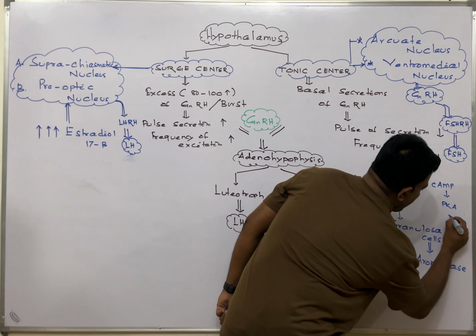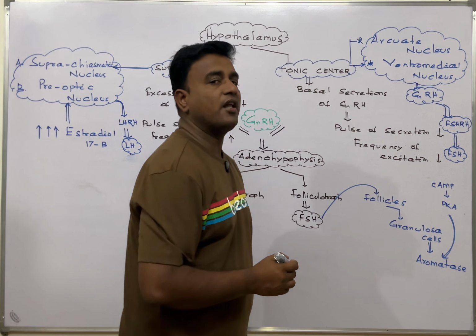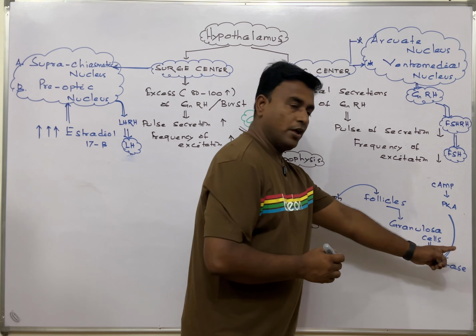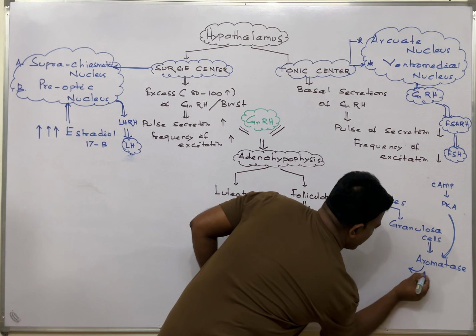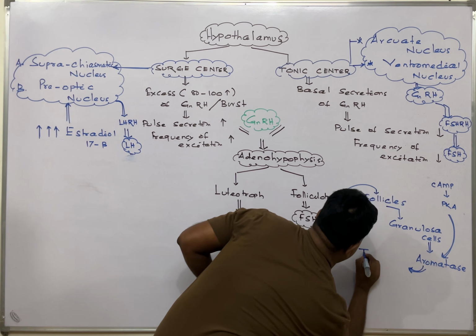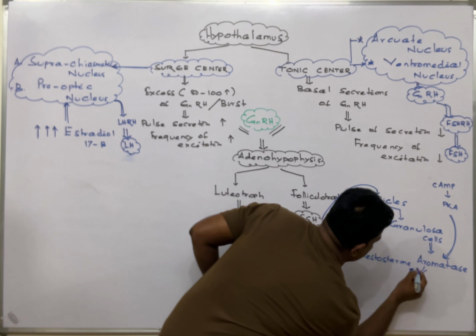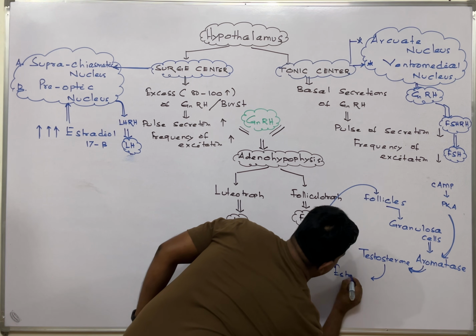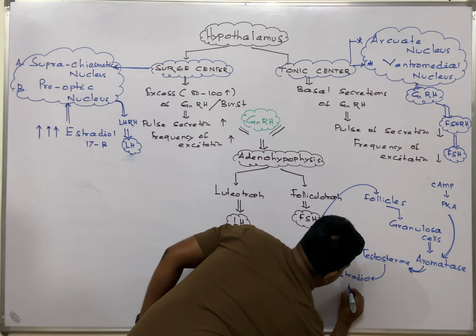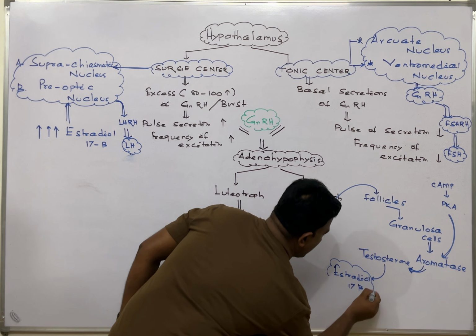Stay tuned for my next lecture on the molecular mechanism of action of FSH and LH. There we will see. This aromatase is the enzyme which converts the androgen, particularly testosterone, that's important, into estradiol 17 beta. This is the master regulator of that.